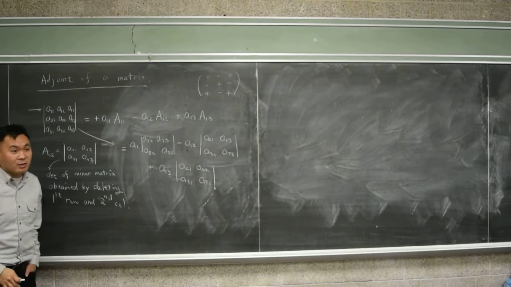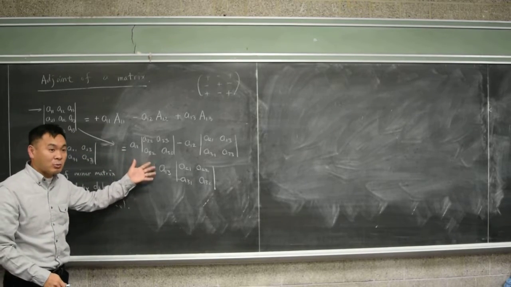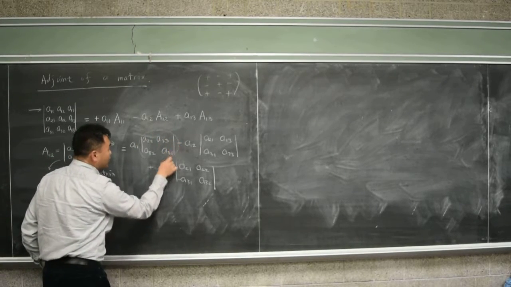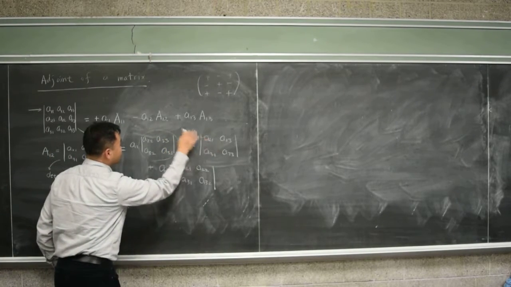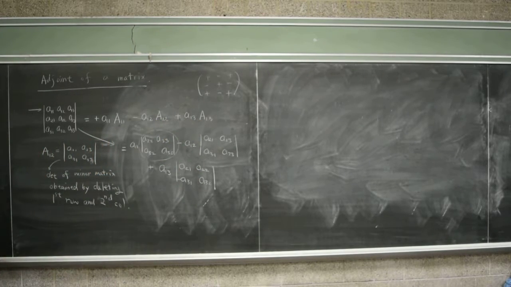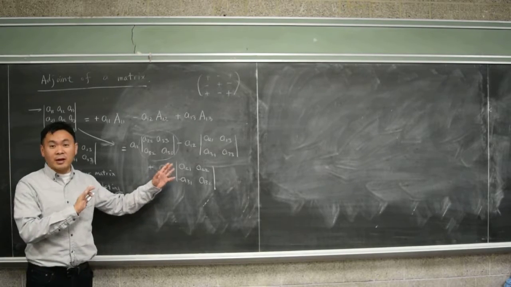That's what this is, right? We learned this when we were doing the determinant. All I'm saying is now I decide to call this capital A11, call this capital A12, this capital A13. So everyone got it?